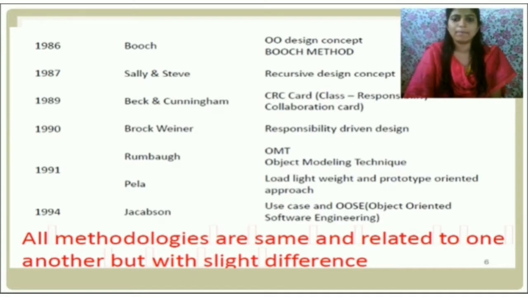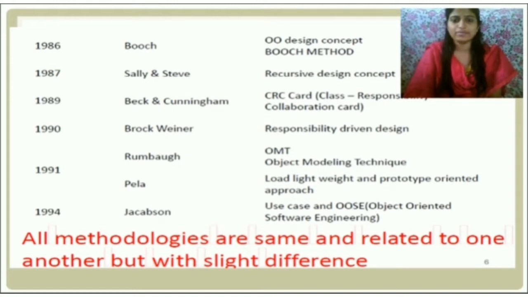In 1989, Beck and Cunningham developed a class responsibility collaboration model, known as the CRC card. In the 1990s, Wirfs-Brock developed a method known as the responsibility driven method, called RDD.